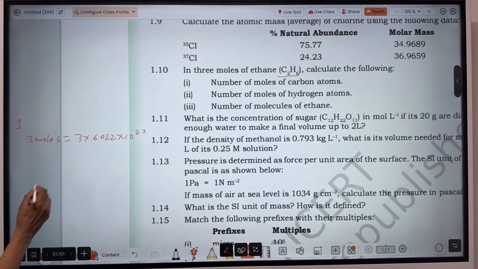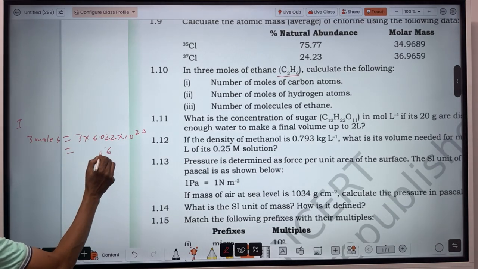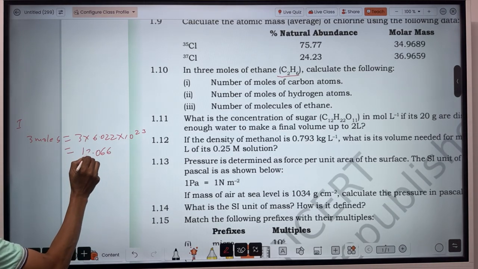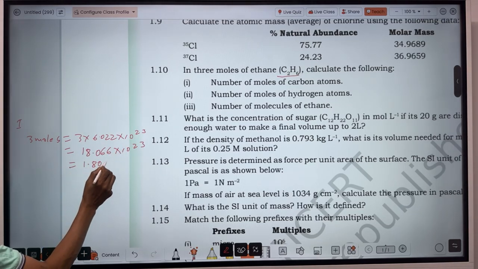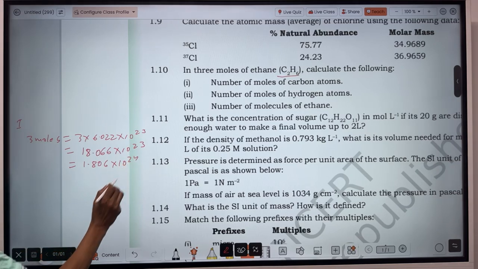So 3 into 6.022 is 18.066, into 10 power 23. That means 1.806 into 10 power 24. That much is the number of molecules of ethane. We have C2H6 here.